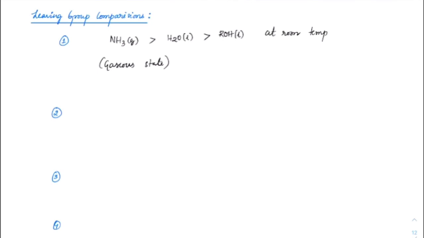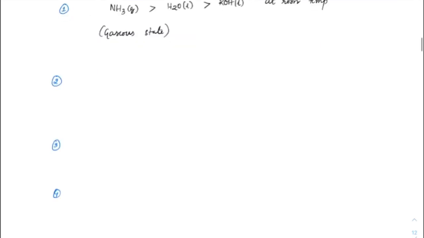This is the first comparison. For the second comparison, you would see the sulfonates we saw: if you have NO2 here, we had bromine, SO3 minus, and we had methyl, CH3, SO3 minus.